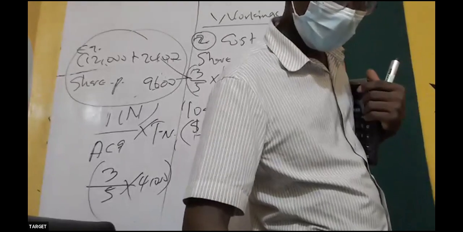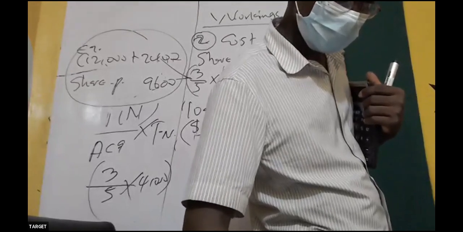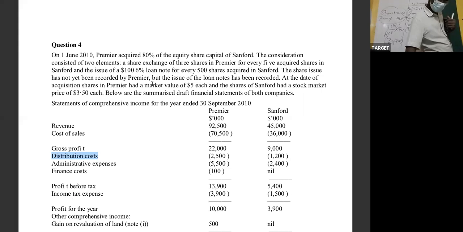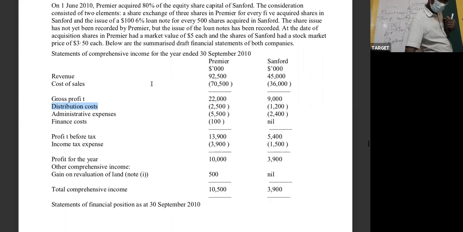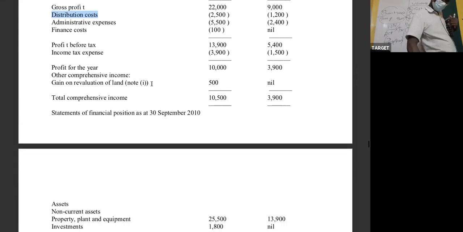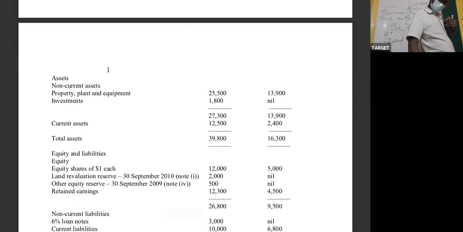Let me hold my calculator firmly. So let's go to the financial position. Now, have you seen these investments? It includes the 800 because they say it has been recorded.